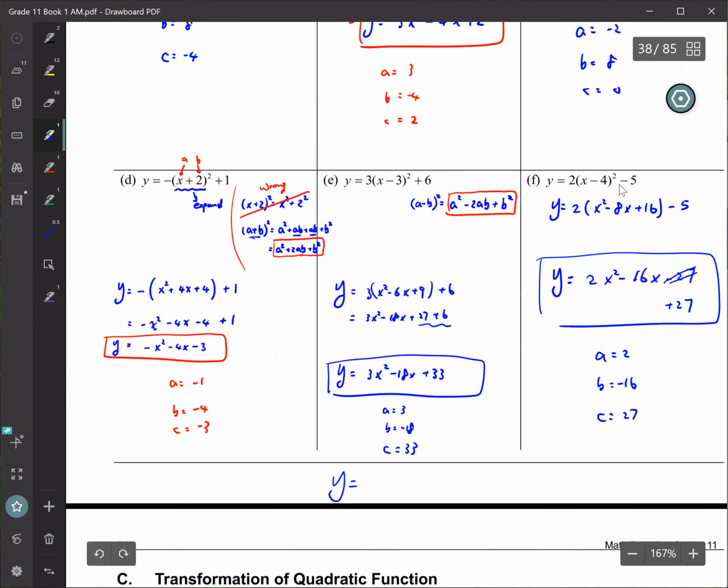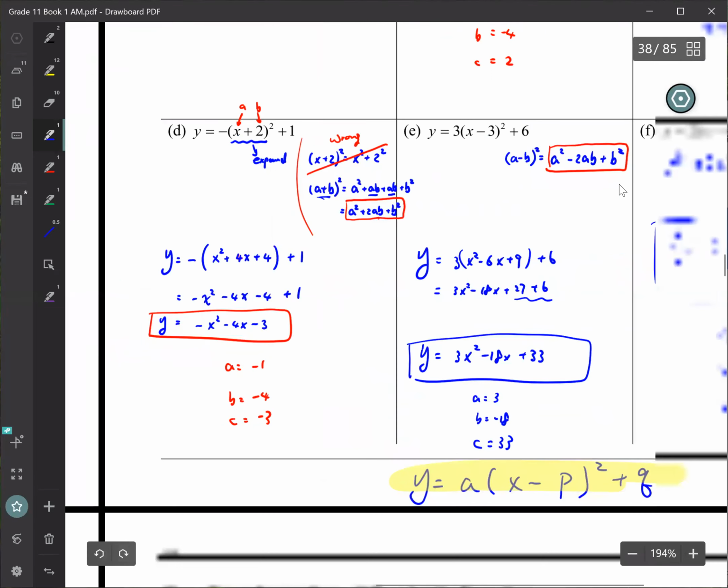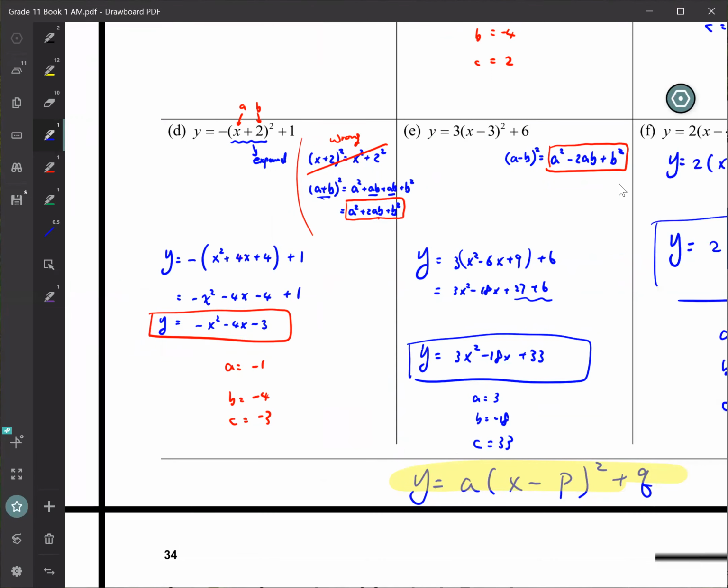I'll put the standard form underneath again, so you can compare. I'll highlight that. So I want you to compare the a, p, q with question D now. So what do you think the a, p, and q are? Let's write it beside it. I'll use the green. Let's look at that.